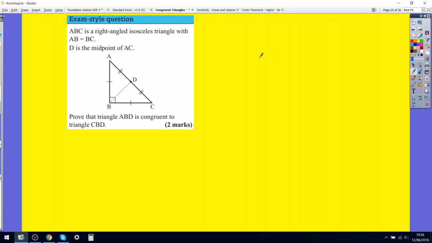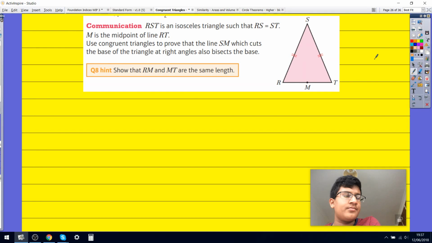So you said shared side, you said AB equals BC, and then what would be the last thing you'd say? Then you just say that AD equals DC because D is the midpoint of AC. And it even tells you that they're the same. Okay, now let's try this.